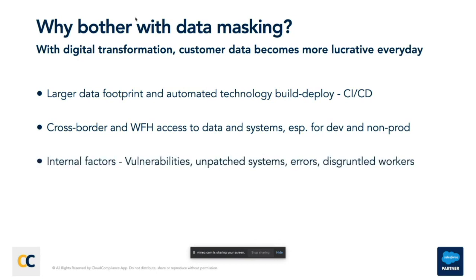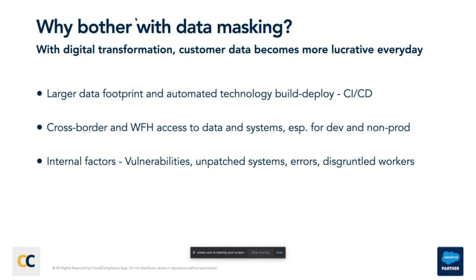Like I mentioned earlier, there is a ton of internal factors, whether it's vulnerabilities, unpatched laptops, keystroke loggers, maybe some errors in some systems. Typically, when you have sandboxes, if you don't update their remote site URL and other things, they may be connecting back to a production system.